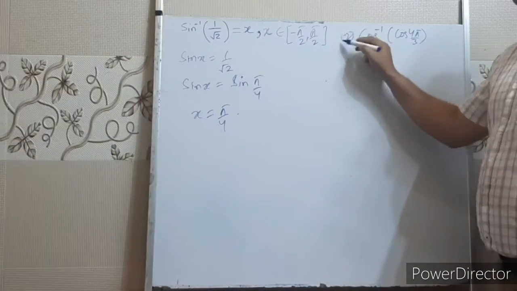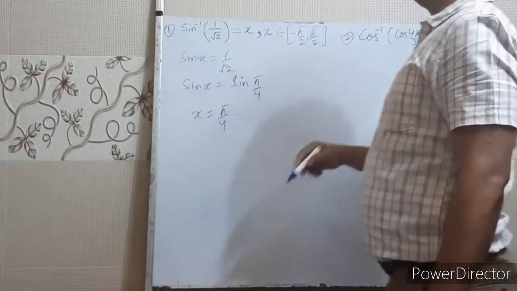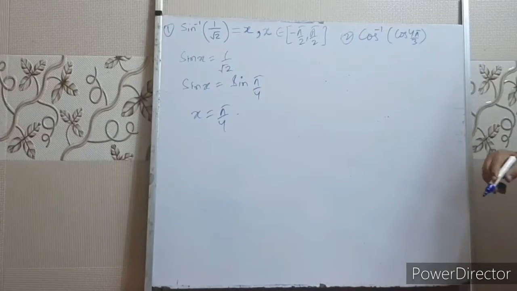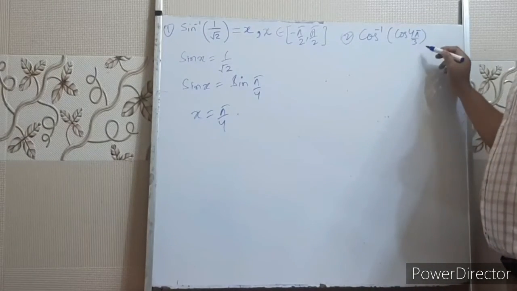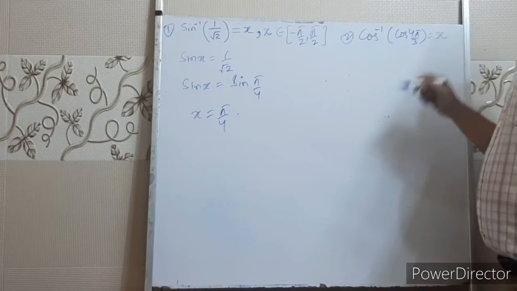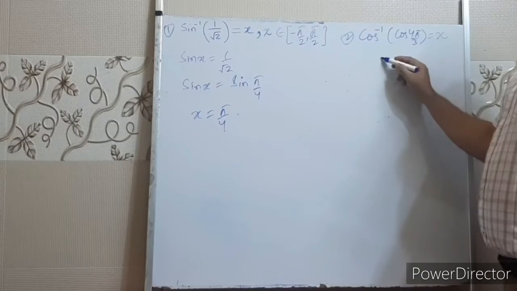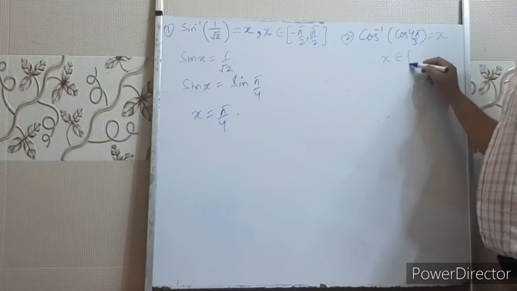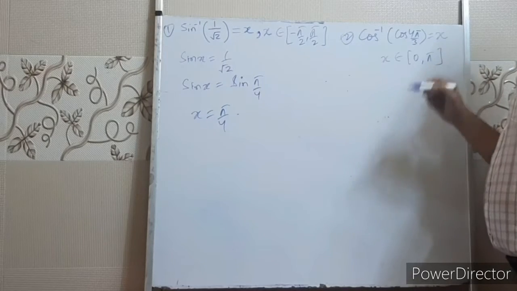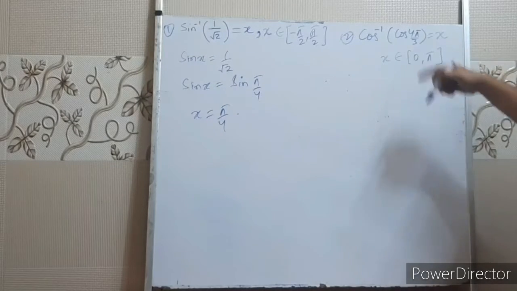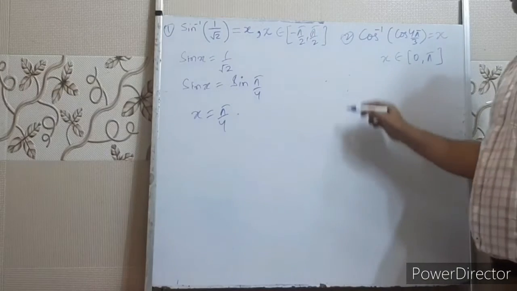Another example, suppose we solve cos inverse cos 4 pi by 3. If we assume this as x, the value of x must belong to 0 to pi, right? And this value is greater than pi.